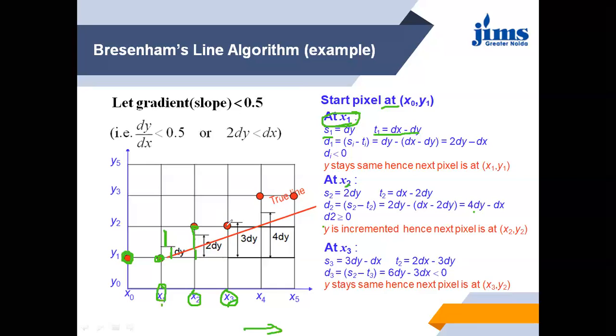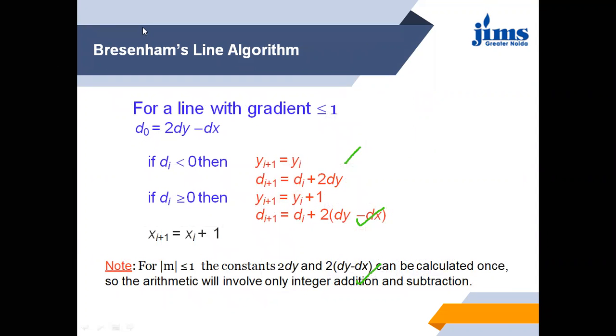We have to draw this one as it is very close to the line. So we have to find out the values by deciding the value of y, that is, what will be the value of y when we have to draw the next point.